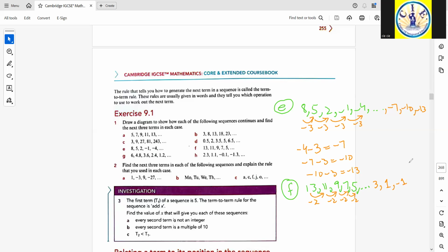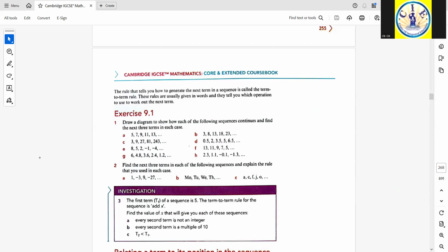Okay. Then it is part G, 6, 4.8, 3.6, 2.4, and 1.2. Again, we can observe that the next terms are being decreased.